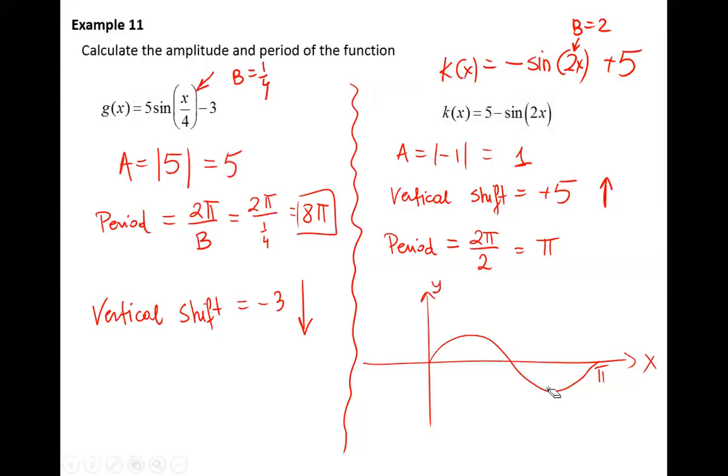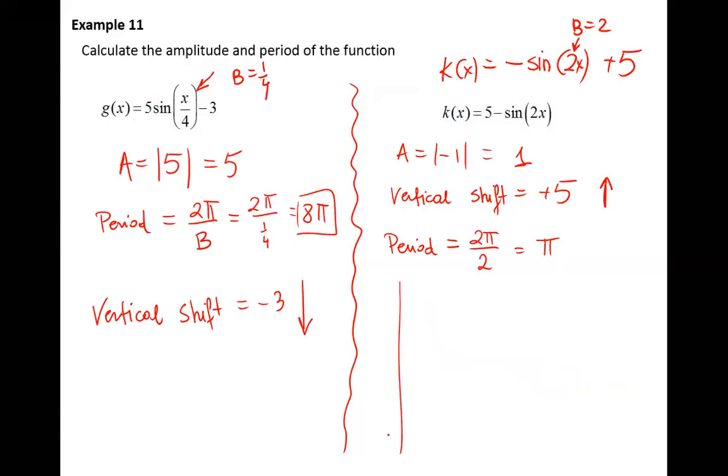Okay, I will do one more thing, because what we have to do is shift up. Pi is the period, because I have to squeeze one sine curve from 0 to pi, because I did divide by 2.